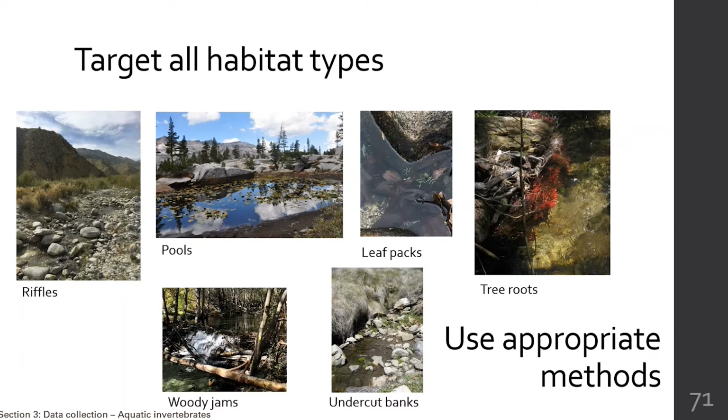Typically, areas like riffles are among the most rich and will have the greatest diversity of organisms that you collect. But if you have areas like pools or undercut banks, you want to make sure to sample them as well to get the full breadth of organisms that are likely living in that reach. Each of these different habitat types has appropriate methods for sampling them, and we'll talk a little bit about each of them.